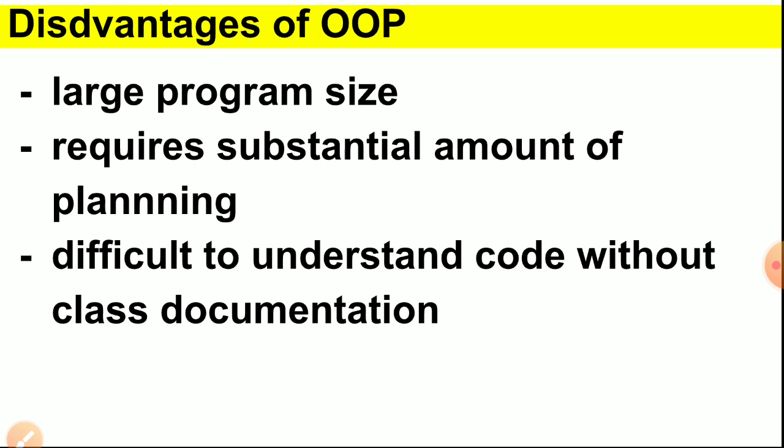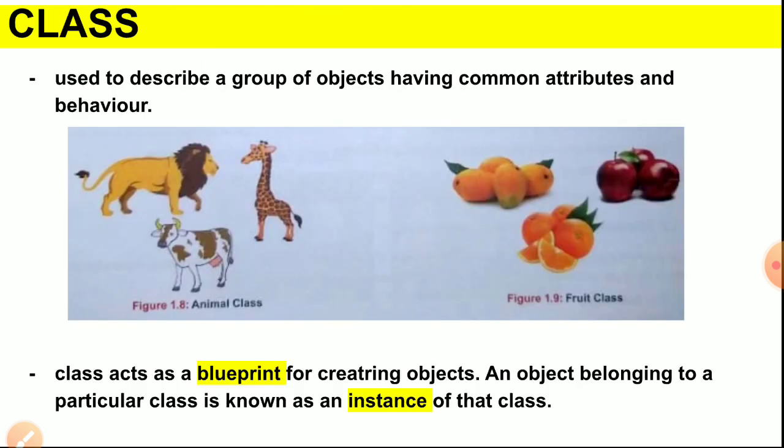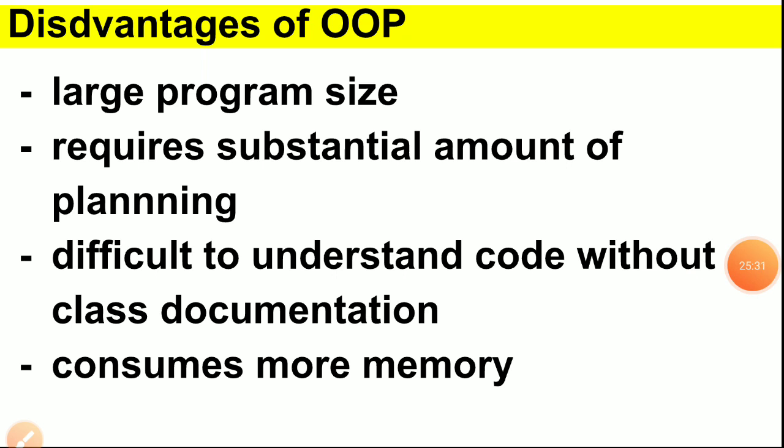So that is why it is difficult to understand the code without the class documentation. The last point, it consumes more memory because the program size is large. We have already seen this. So we'll stop here. Thank you.